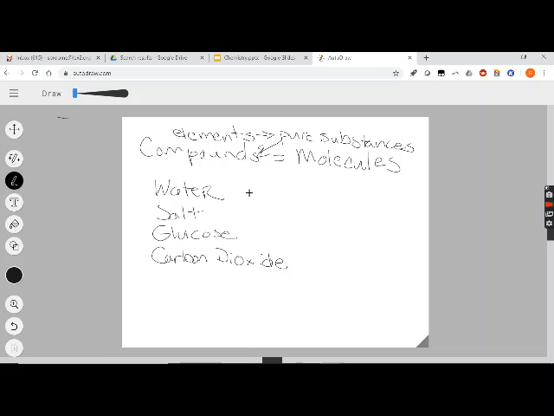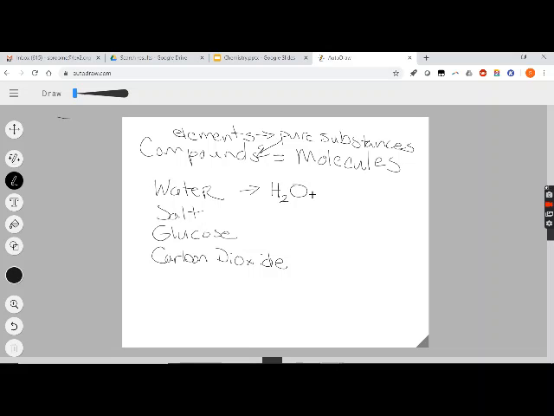They use shorthand. So instead of writing out water or writing out hydrogen and oxygen, they are going to write out this: hydrogen, oxygen, but this is not just hydrogen and oxygen, it's actually two hydrogen atoms bonded together chemically with one oxygen atom.